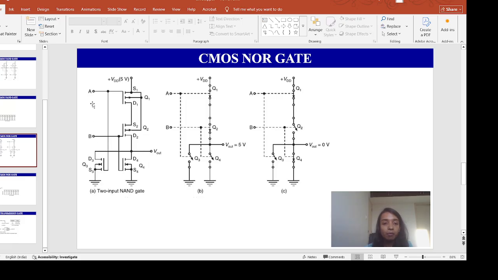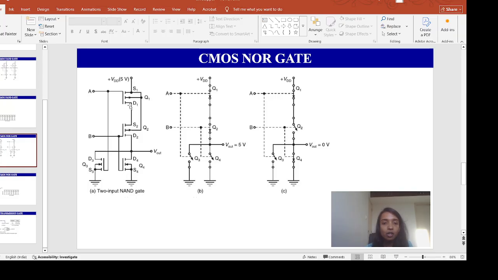Now if you apply A 0 volt and B plus 5 volt, what will happen? So VGS1 will be minus 5 volt, VGS2 will be 0 volt, VGS3 will be 0 volt and VGS4 will be plus 5 volt.